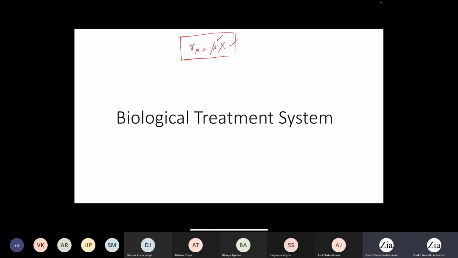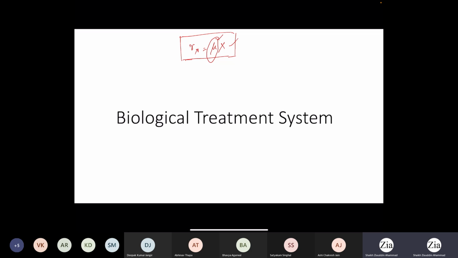One is growth rate, second is concentration of biomass. In a given system where all other environmental conditions are fixed and also the substrate combination is known or fixed, you will not get much variation in the mu parameter. So for a specific bacteria or specific organism with a given substrate combination and at certain environmental condition, you will get a constant mu value.